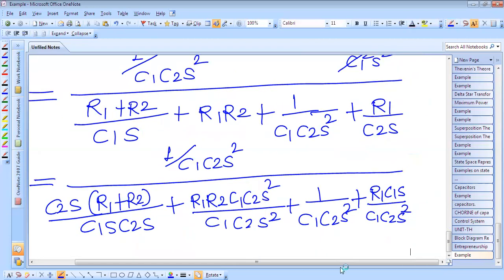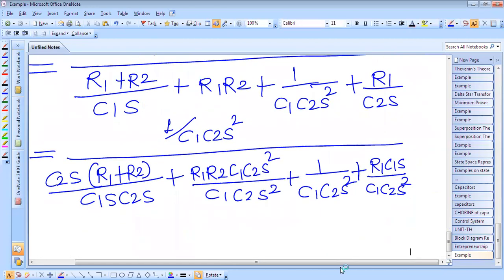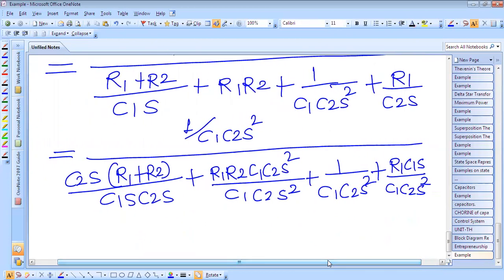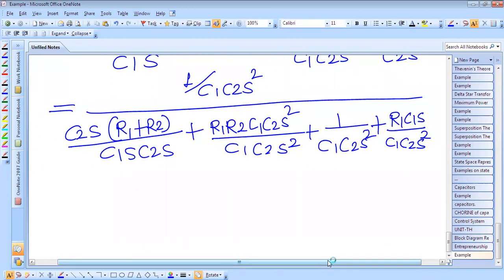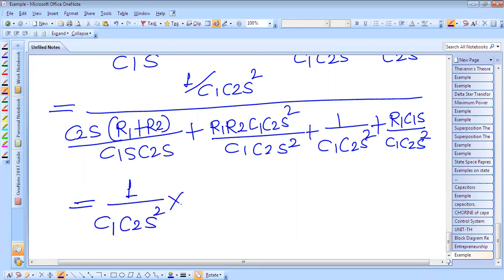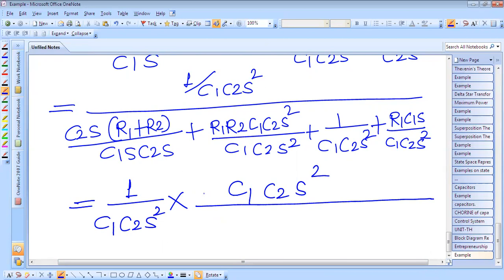Okay, so now we can write further. So this 1 over C1 C2 S square by, we can now take here C1 C2 S square by these terms C2 S R1.